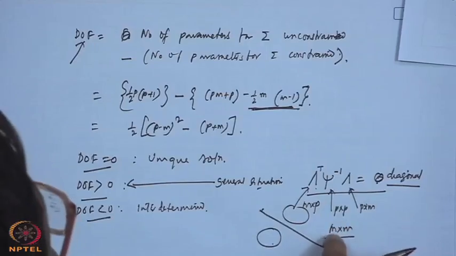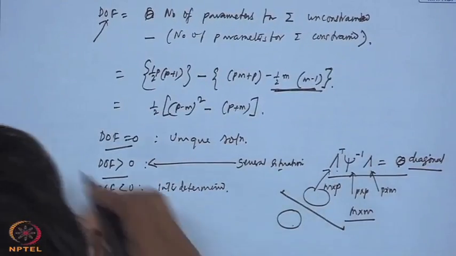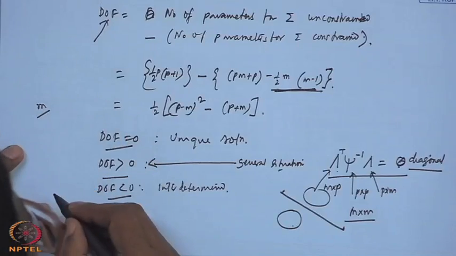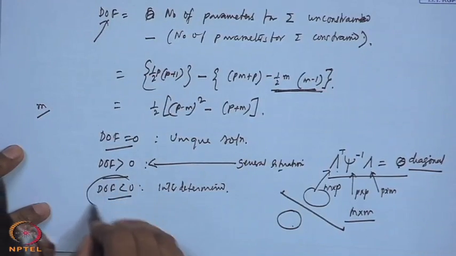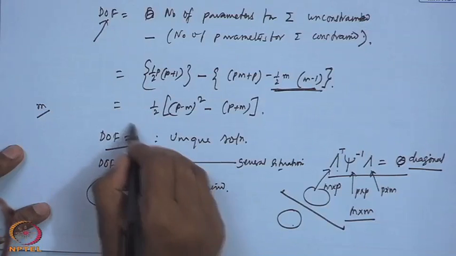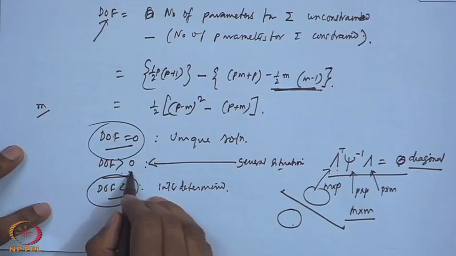So, you have to fix that m in such a manner that your degrees of freedom should not be this, and we also don't want this, we want this situation.